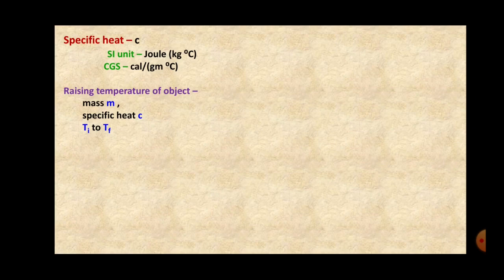Now, suppose Q amount of heat is required to increase the temperature of an object of mass m and specific heat C, and the temperature rise is Ti to Tf. Right?